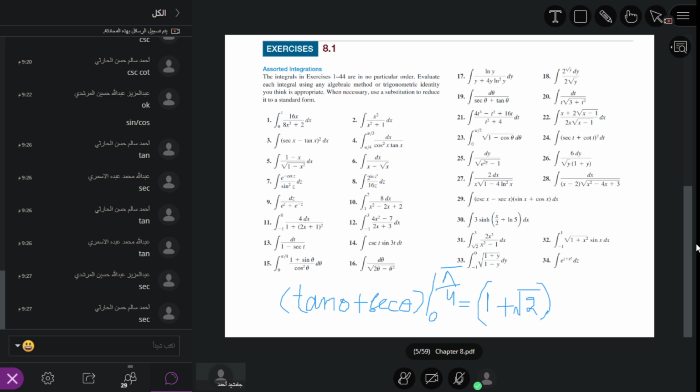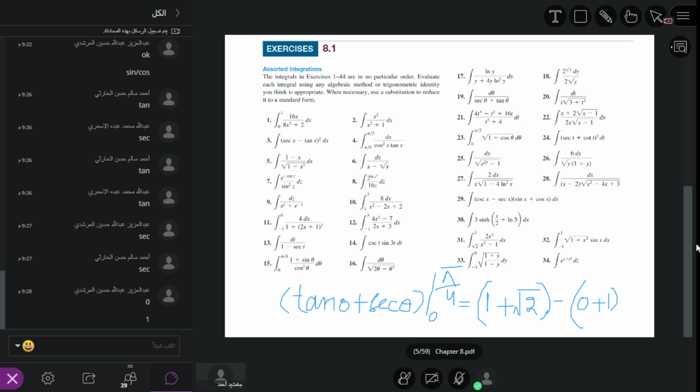Minus, what is tan 0? It is equal to 0. What is sec 0? It is equal to 1. So thus we cancel, and we get just square root 2. This is the solution of question number 15.